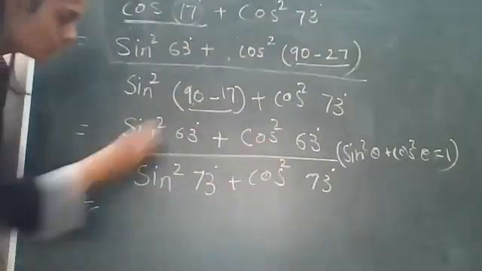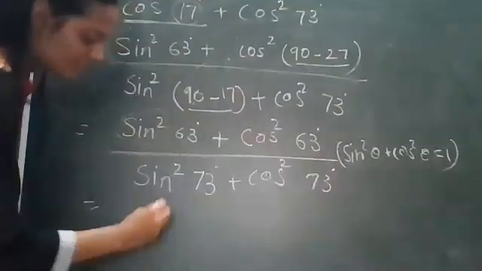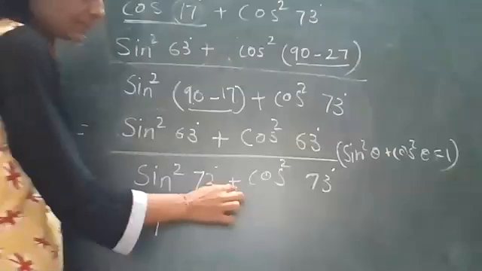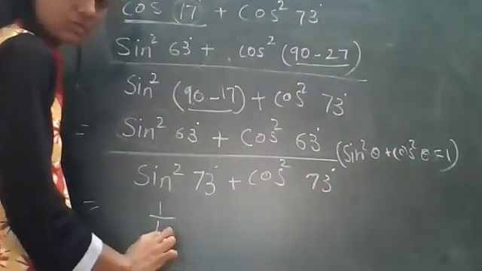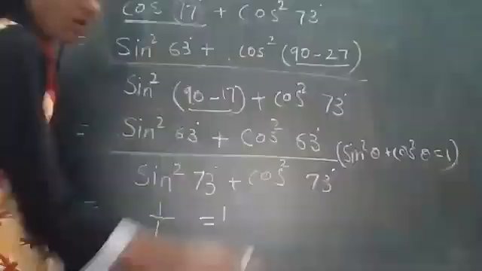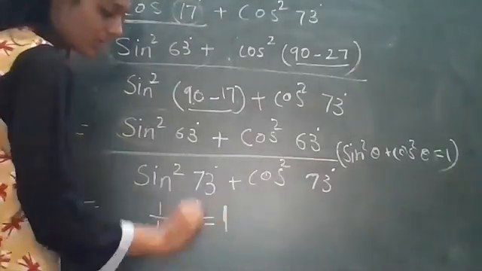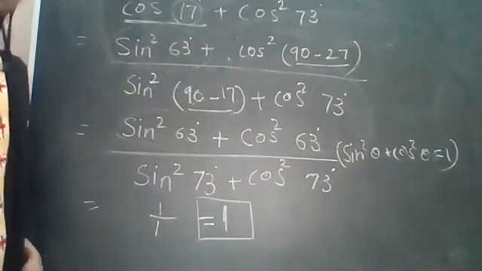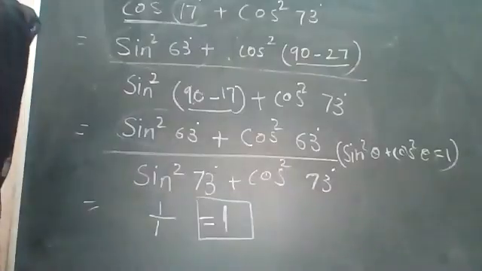Whole the value of the numerator will be 1, and divided by also 1, because sin square 73 plus cos square 73 is equal to 1. So what will be our answer? Only 1. 1 upon 1 is equal to 1. This way we can solve the sum. Getting this much?